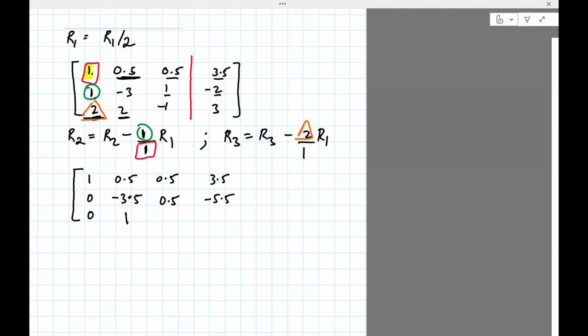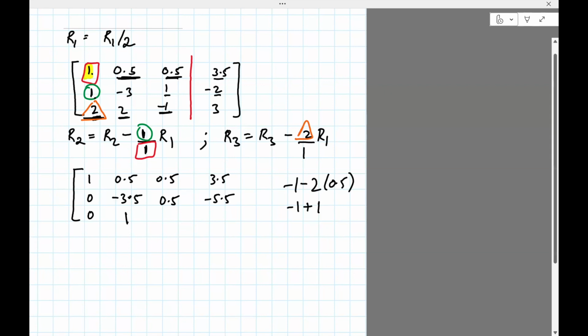Then we have minus 1 minus 2 times 0.5. Minus 1 minus plus, so minus minus plus 1. So I think it's 0. No, my bad. There's no minus here.